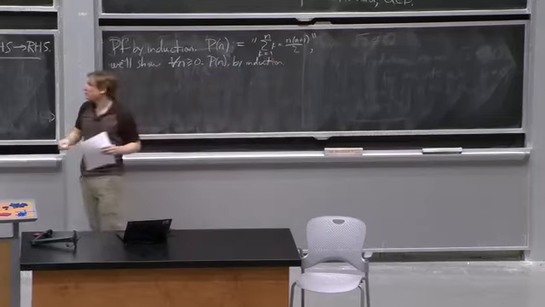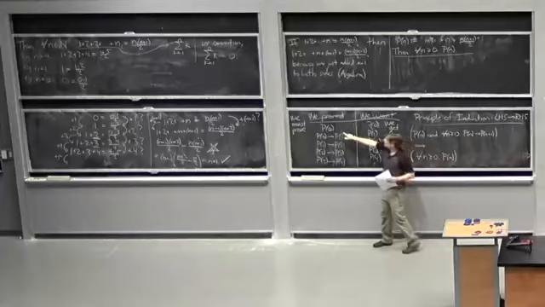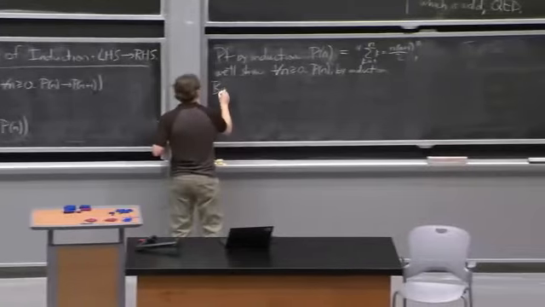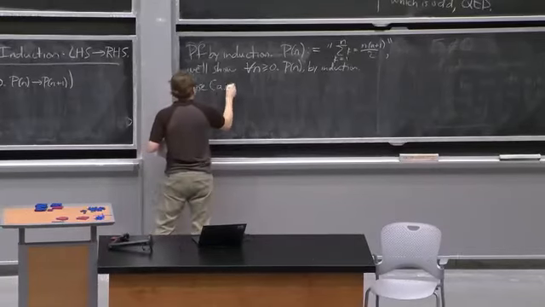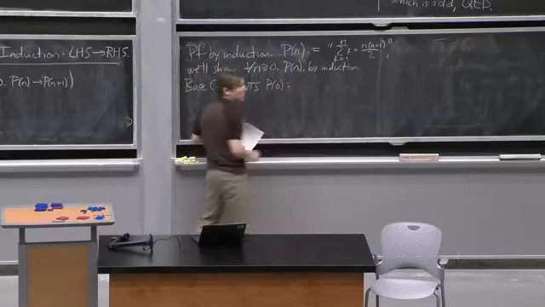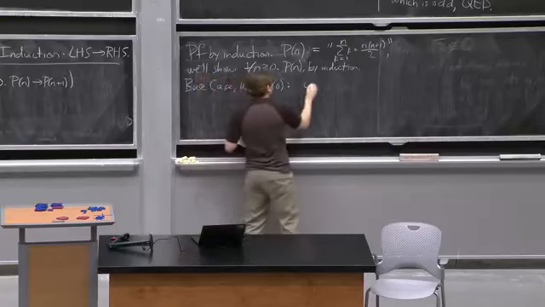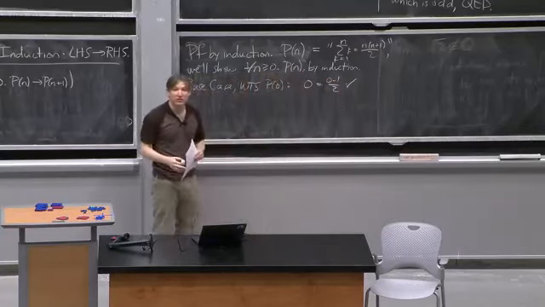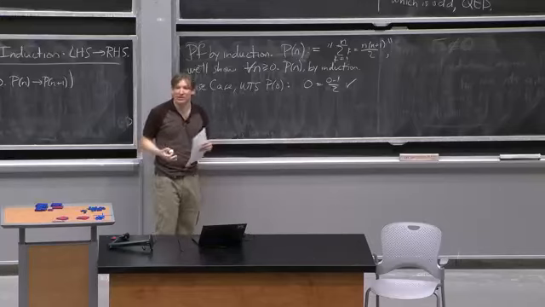So the first thing we're responsible for is P0. That's usually called the base case. Base case, want to show P of 0. Well, P of 0 says that 0 equals 0 times 1 over 2, which is true, so we verified P of 0. Usually the base cases are pretty straightforward.